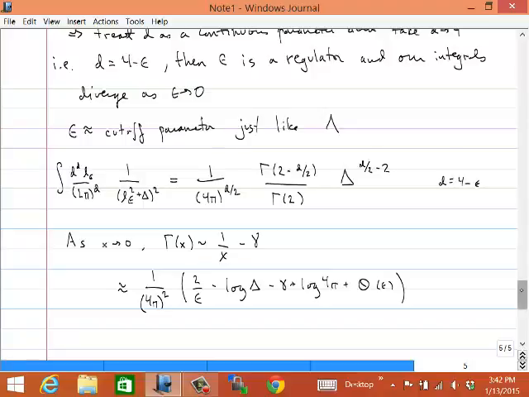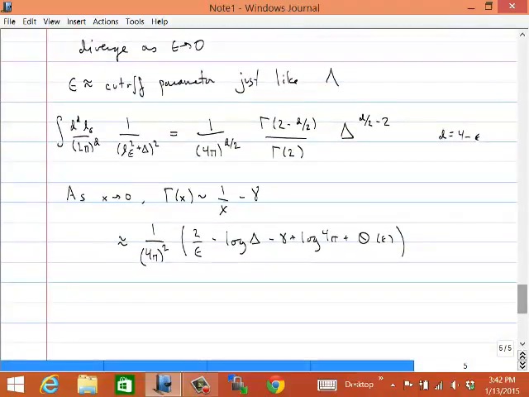So that pole, the 2 over epsilon, comes from the fact that gamma of 2 minus d over 2 is gamma of epsilon over 2, which has a pole that goes like 2 over epsilon as epsilon goes to 0.